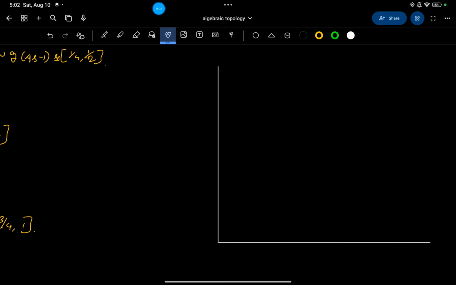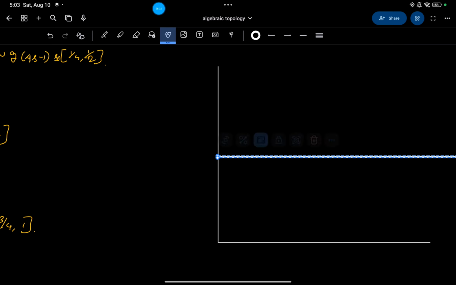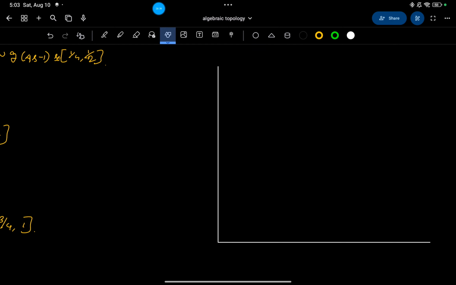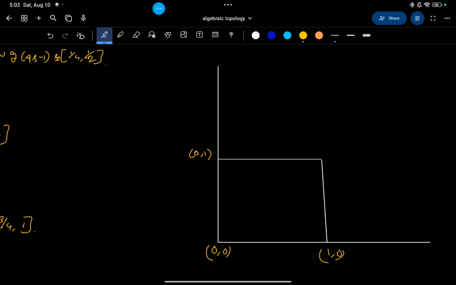So it is my unit square, with corners 0 0, 1 0, 0 1, 1 1, and let's say at a certain point it is my t.